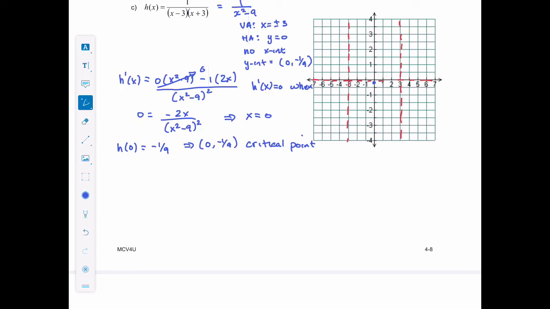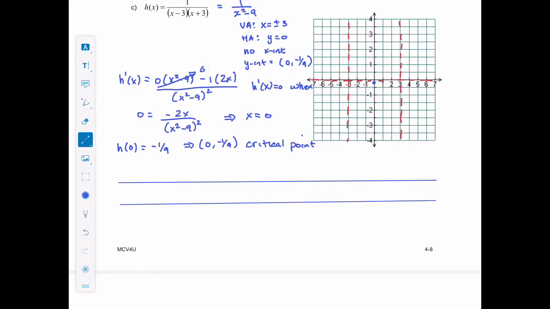the function doesn't cross the horizontal or the vertical asymptotes. We know for sure it's never going to cross a vertical, but there's always the possibility of crossing the horizontal. So let's draw a little chart, and we need one for the interval. Hopefully that's enough.